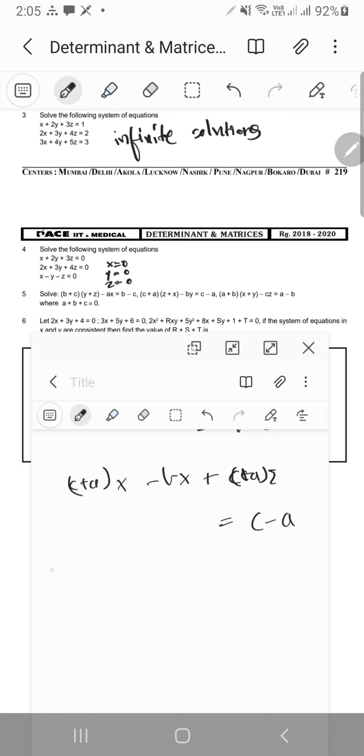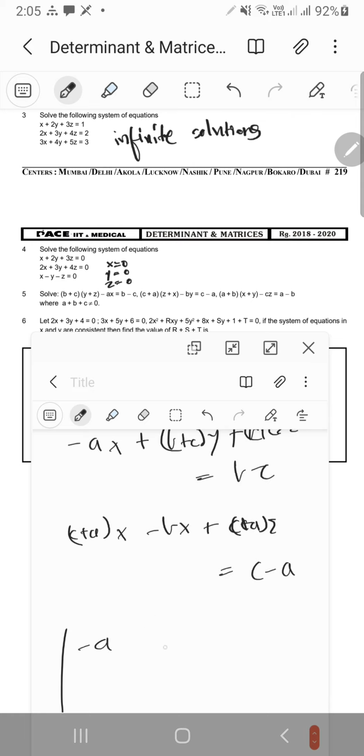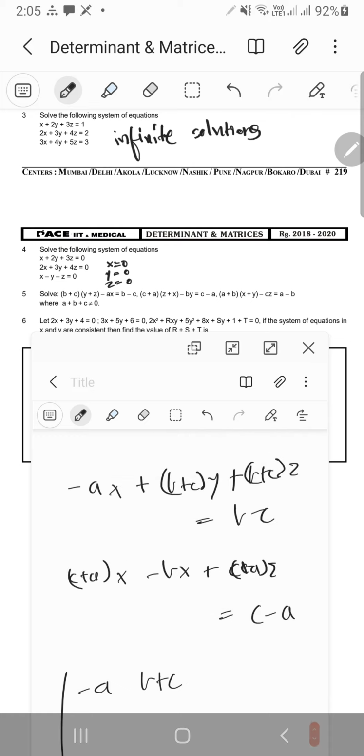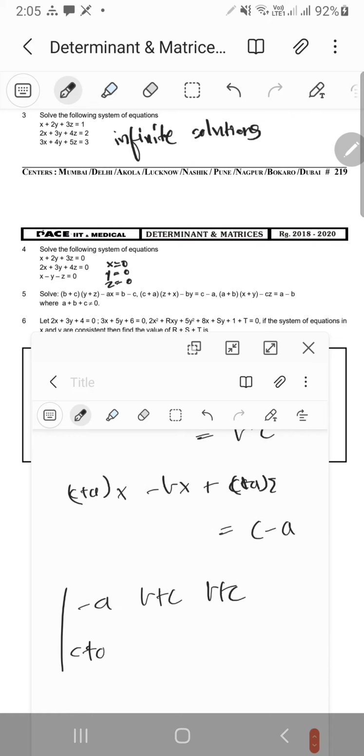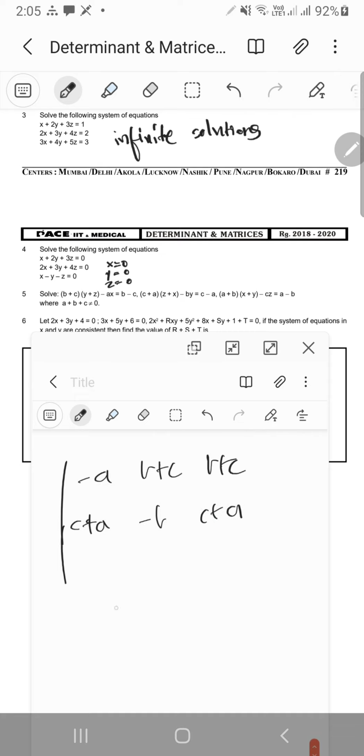And next, just write this out actually, minus a, b plus c, once again c plus a, minus b, c plus a. Why does this look not good? Okay, this is the matrix.